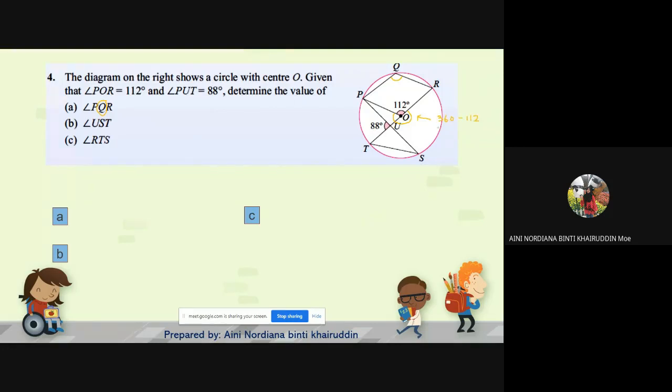Then after you get this angle, you divide by 2 to calculate the value of Q. So 360 minus 112 divided by 2 equals to 124. So angle at Q is 124.